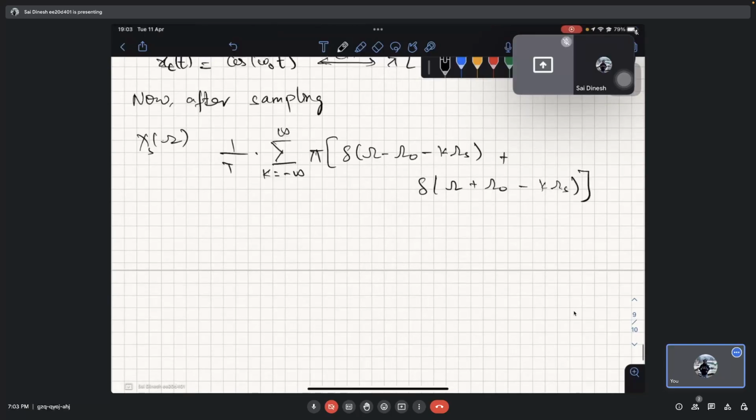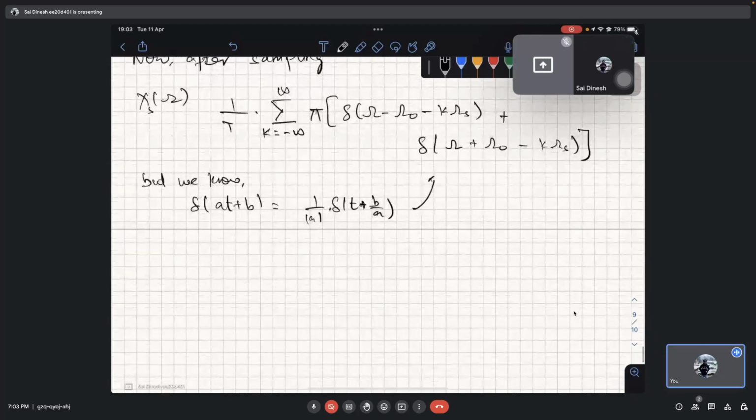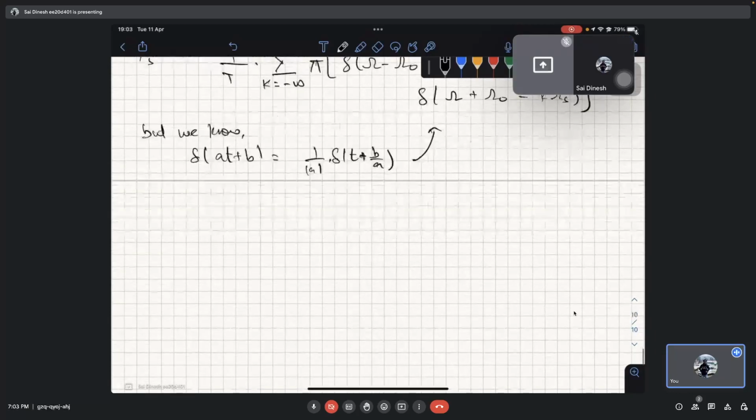But we know delta of at plus b is equal to 1 by mod a delta of t plus b by a. So applying this here, what will we get?